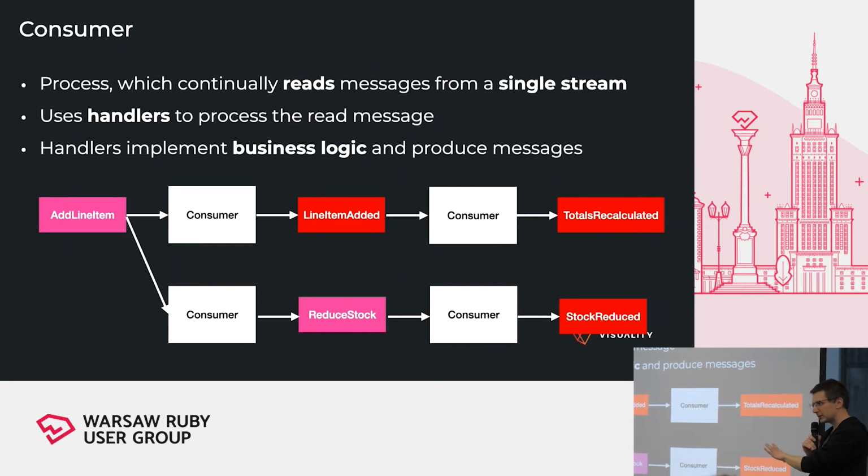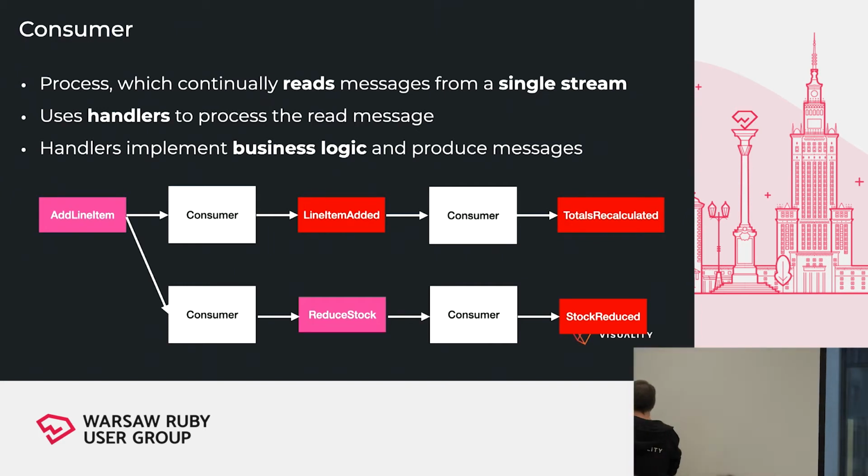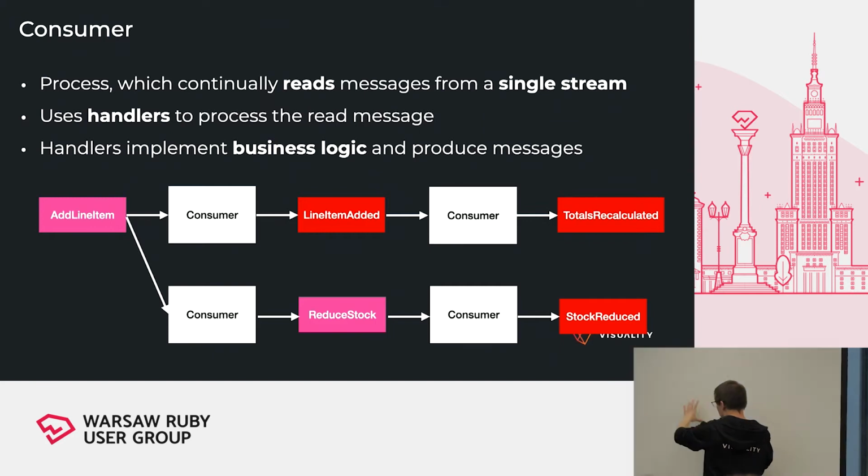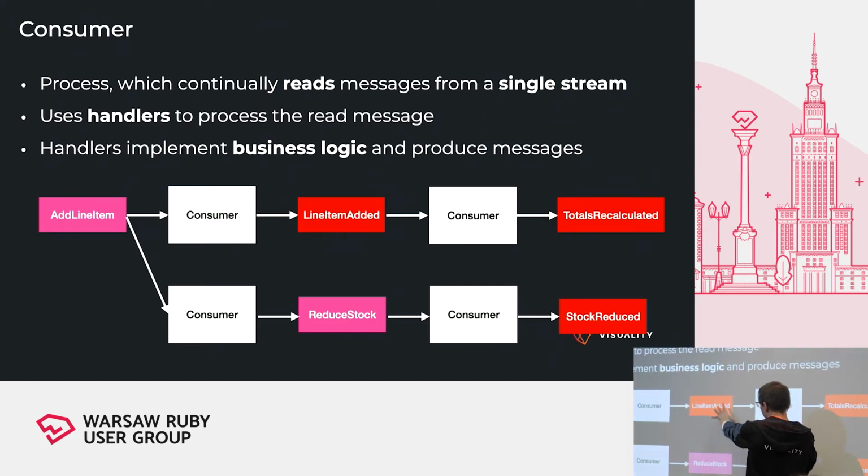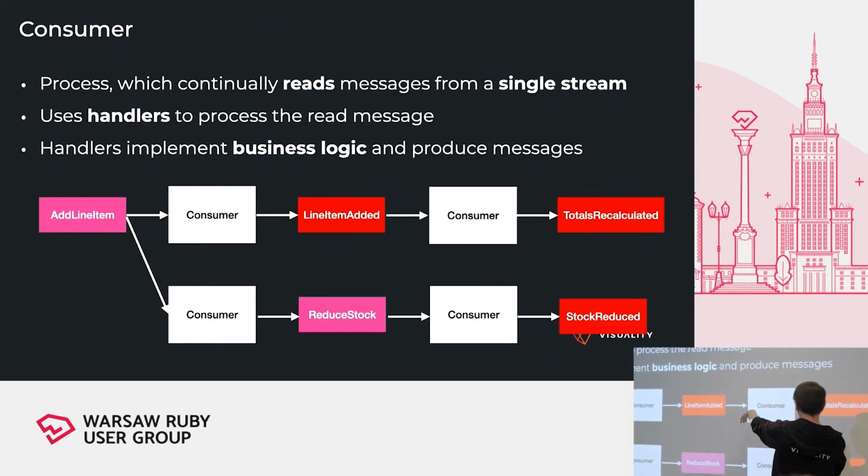This graph might not be completely accurate. It's just for the sake of presentation. And this, what we have in here: some message was published, some consumer has processed it, has published another message, some other consumer was subscribed to that event, to that stream, and published its own message.